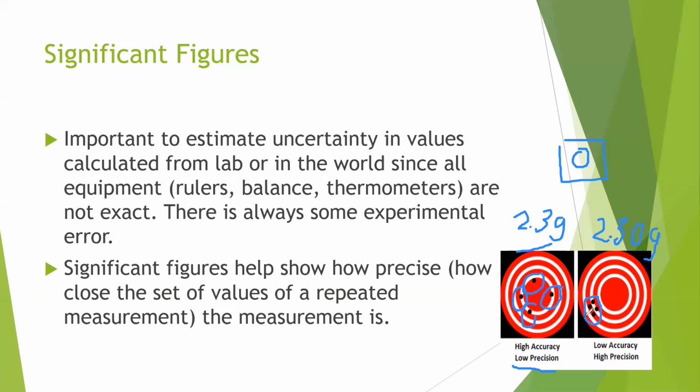In this example, we don't want to add extra zeros at the end because an extra zero adds an extra significant digit, and putting extra zeros makes it seem more precise than it is. You do this with rulers, balances, thermometers, and anything in the lab that measures a value. So we want to know the precision in the value, and that's why we need to learn significant figures.